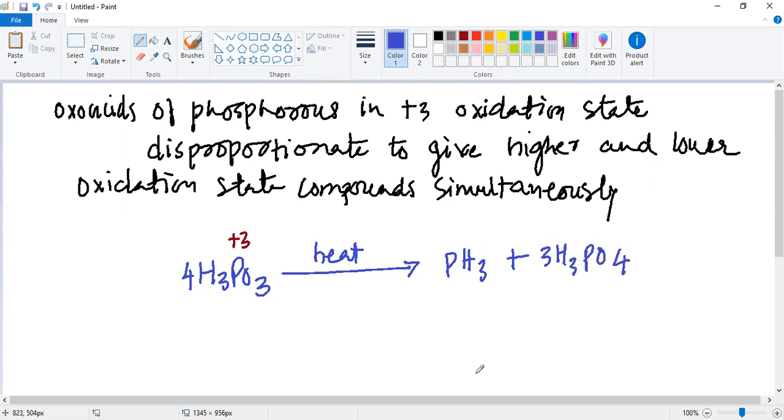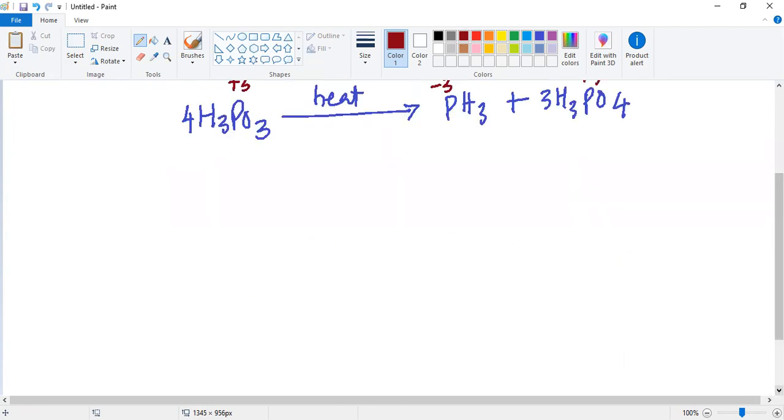This is how it goes, and we get the disproportionation reaction. You can see that here the phosphorus in this phosphine is present in the -3 oxidation state, and here phosphorus is available in the +5 oxidation state. So this is how, my dear students, the oxoacids in +3 oxidation state disproportionate.